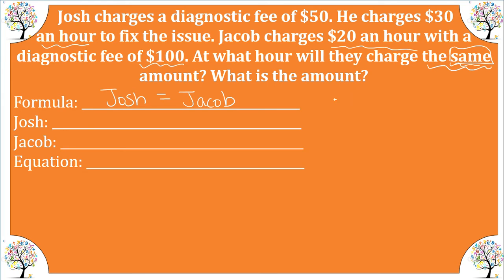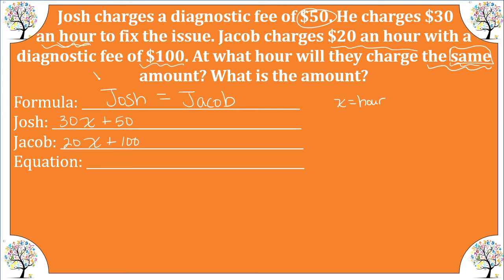So we are going to let X be hour, because they each have an hourly rate plus a flat rate. So Josh is going to charge $30 per hour plus the $50 diagnostic fee. So even if they don't work on the vehicle, you have to pay $50. Jacob charges $20 an hour plus a $100 diagnostic fee.